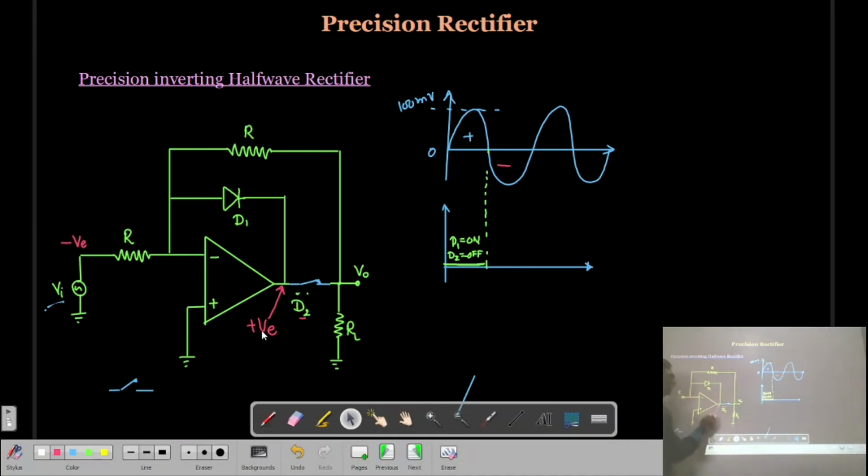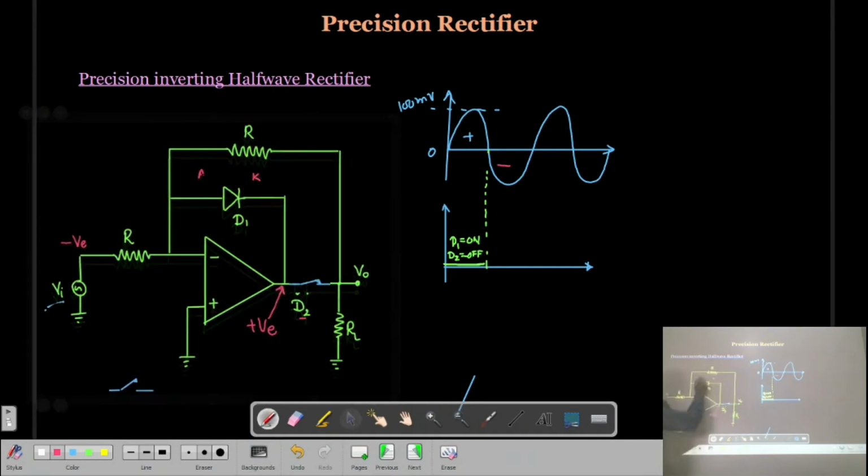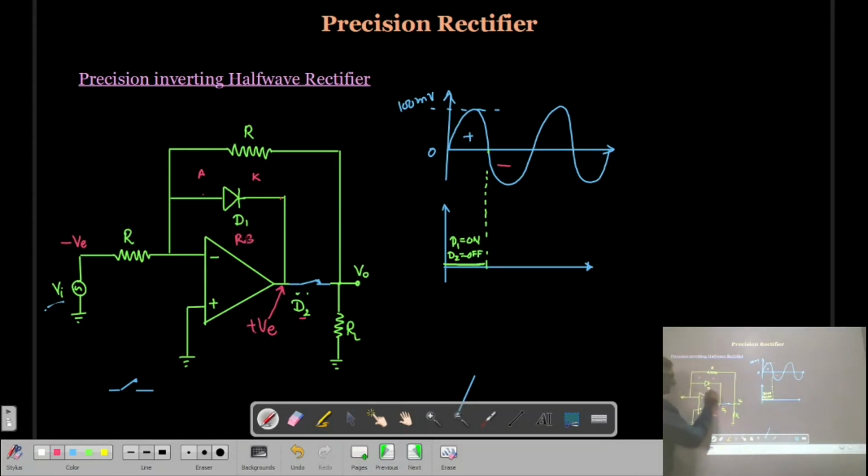Now this negative voltage appears on the cathode of this diode. Here we have this cathode, this anode. This positive voltage is applied on the cathode of the D1, and this negative voltage is applied on the anode. So diode D1 will be in reverse bias.